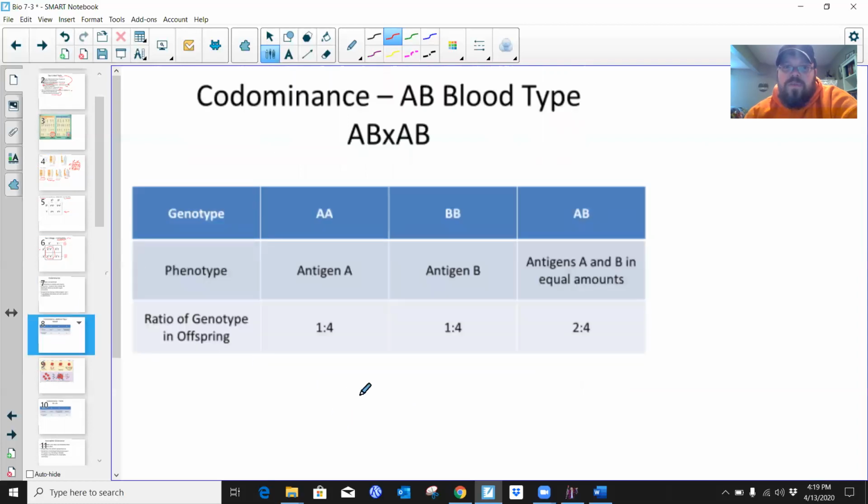So an example of this would be blood type. Maybe some of you know your blood type. There's type A, there's type B, and then there's type AB.